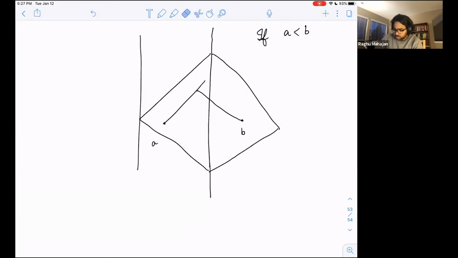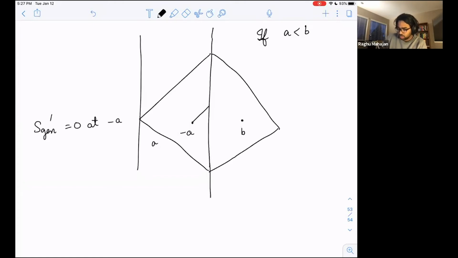Again, the argument is similar. If we had little a lying here, let's say the light ray hits the boundary here, we can run the same argument. S_gen prime equals 0 at the point negative a.